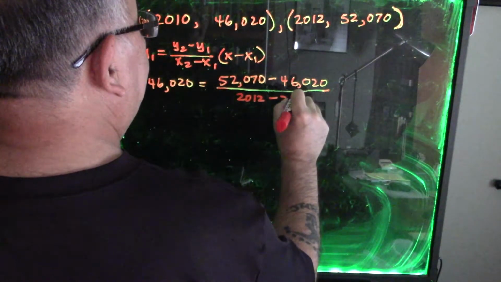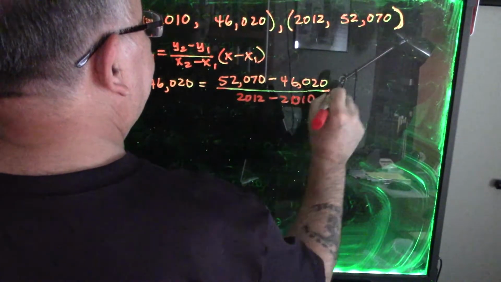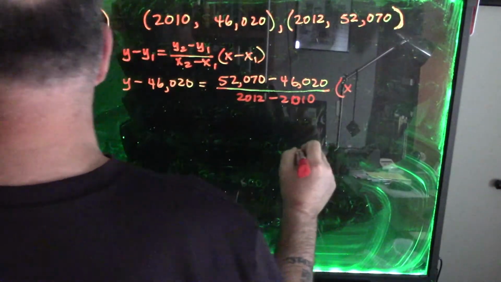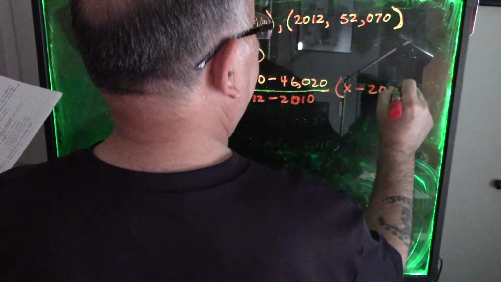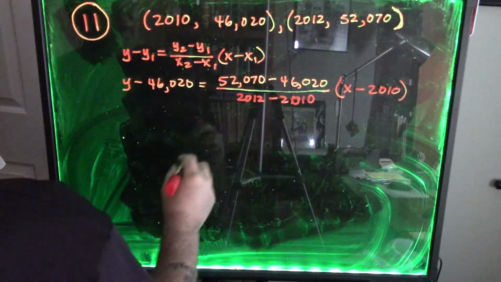And then x minus 2010, right at the end there, in parentheses.